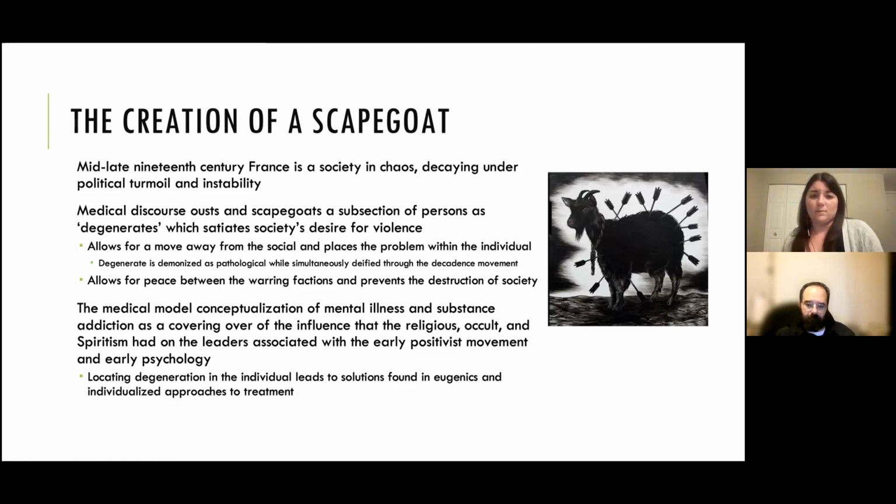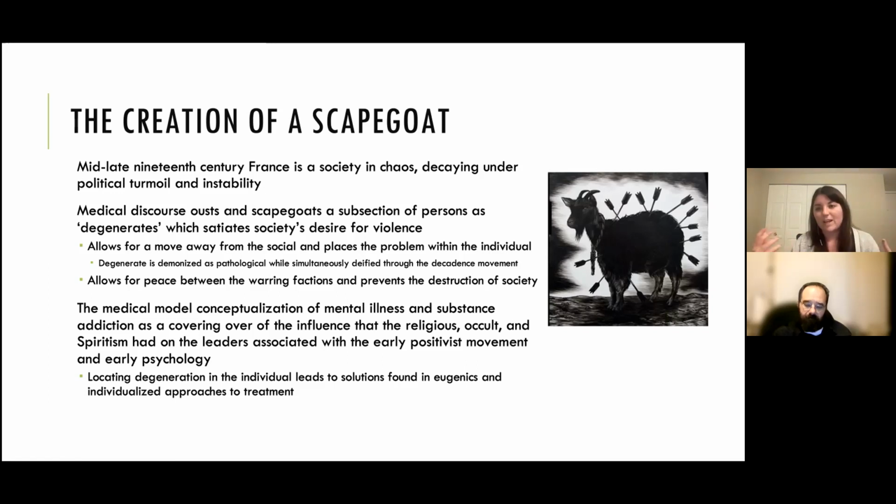As we saw, France during this time is a society in chaos, decaying under political turmoil and instability caused by revolution after revolution, with all of these warring factions I talked about earlier: the monarchy and traditional Catholics versus folk tradition Catholics versus anti-clerics and positivists.